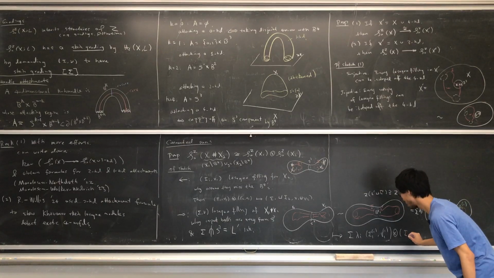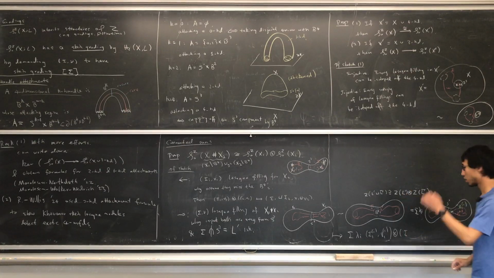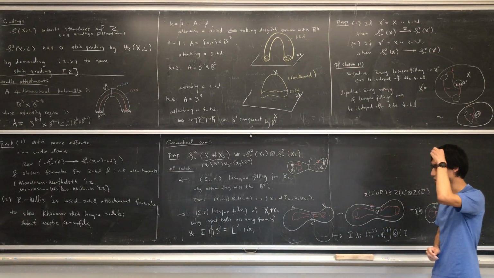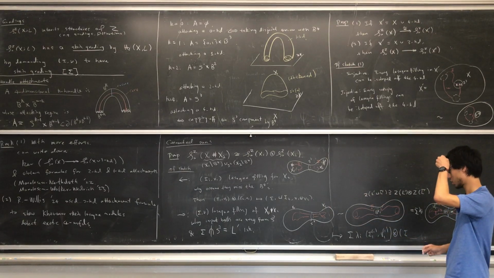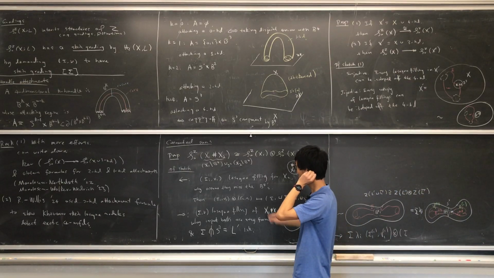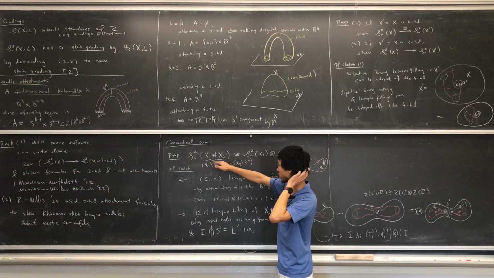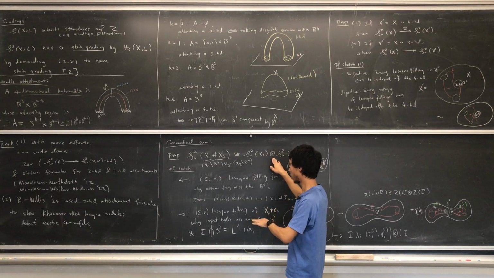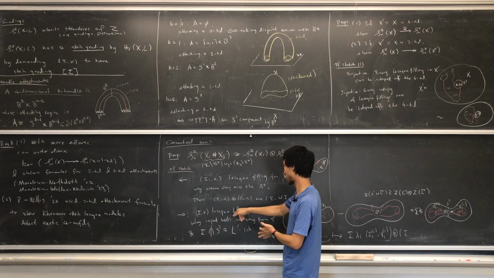Sorry? The sum is over all possible links in S3. No. I mean, if you fix a skein, then yes, you get one link. But you have to sum over all skeins, because you can't control what's passing through, right? So I'm giving a map in the forward direction. I just need to say where I send each lasagna filling.